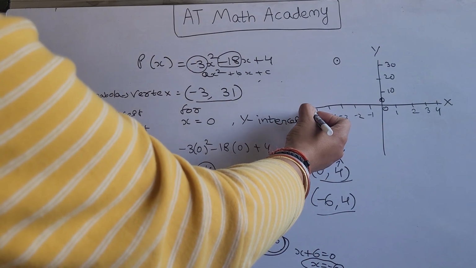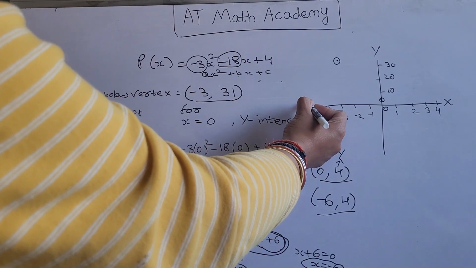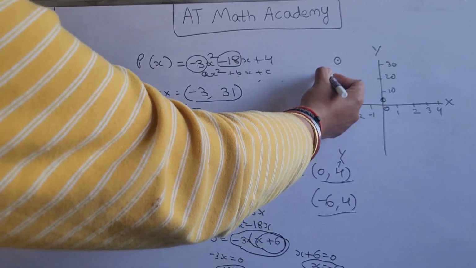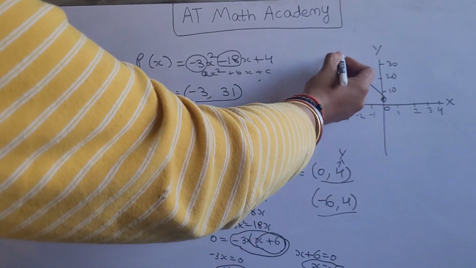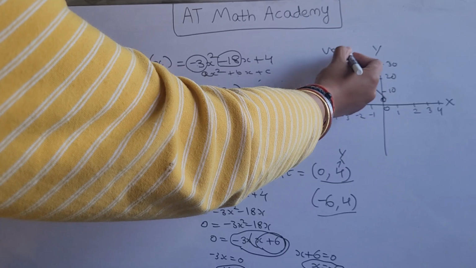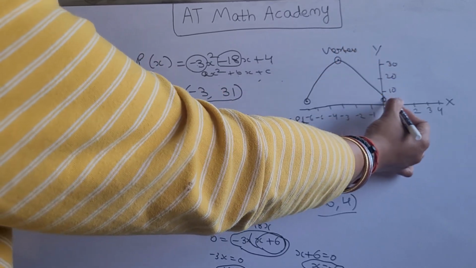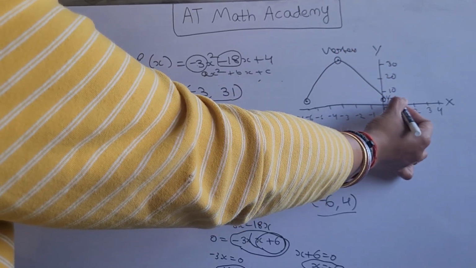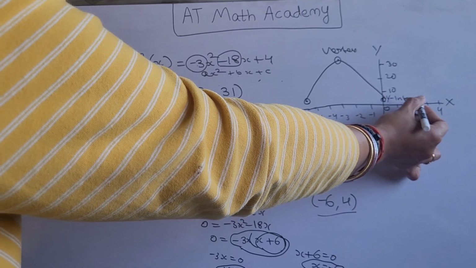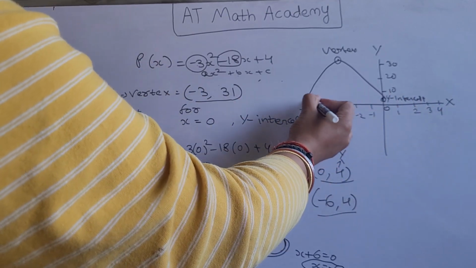So minus 6 on the x-axis and 4 here. So when I join, I get the parabola. So this is the vertex, this is the y-intercept, and this is the reflection for the y-intercept.